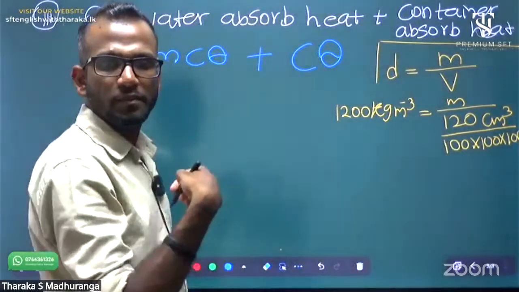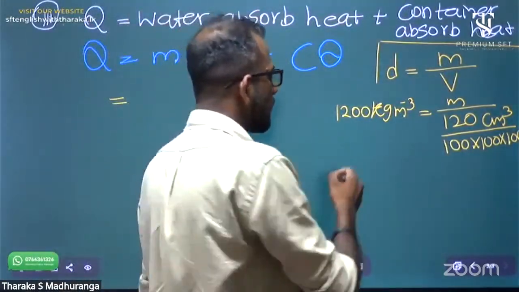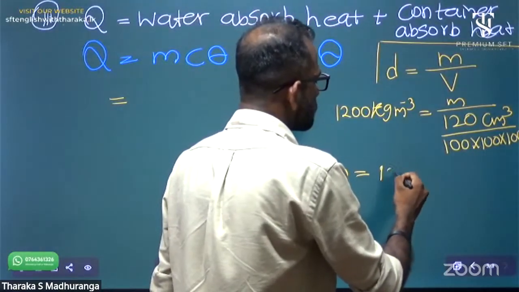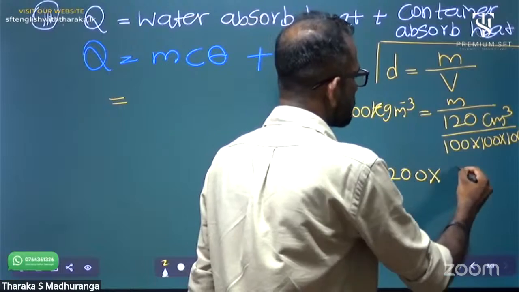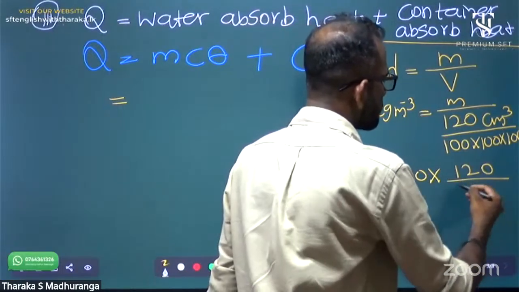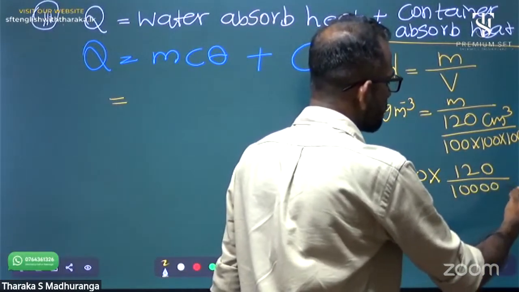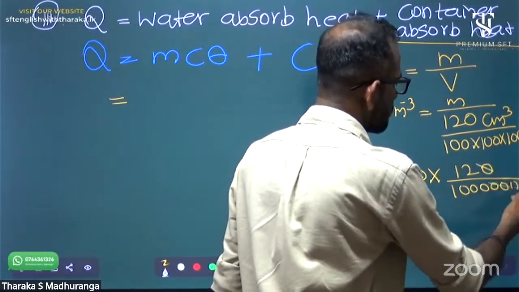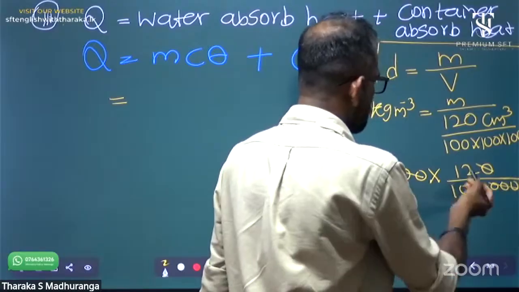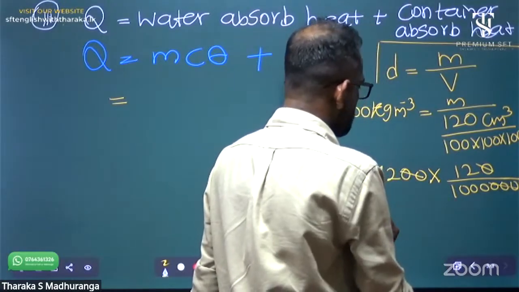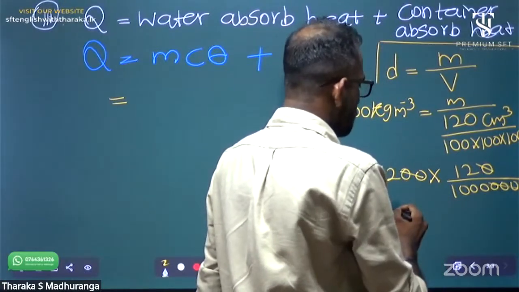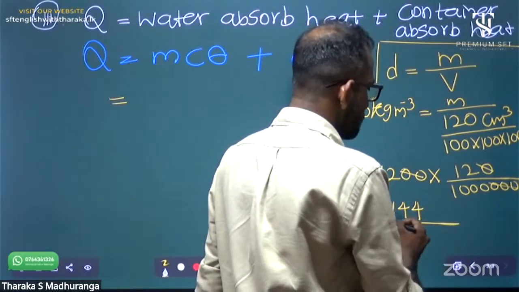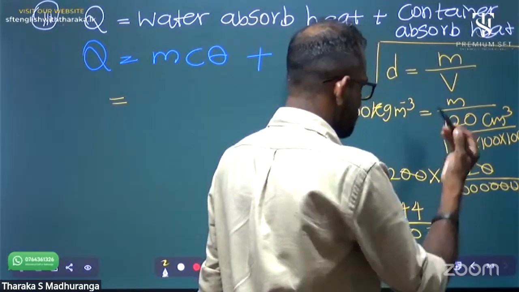Cross multiply. Then mass equals 1200 into 120 over 1,000,000. Now the zeros cancel out. 12 into 12, 144 divided by 1000.